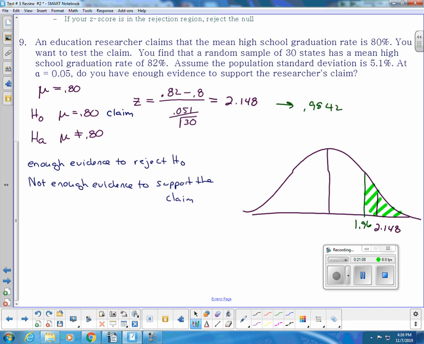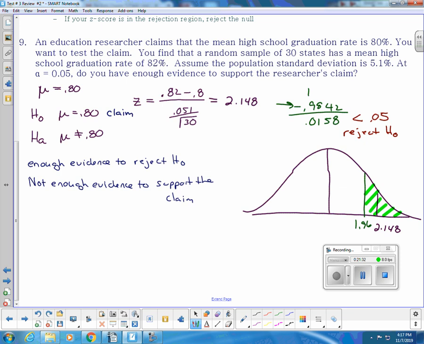But we're talking greater than, so we have to do 1 minus that. So we're looking at 0.0158. That is less than my significance level. Therefore, I reject the null. So that's the only difference.